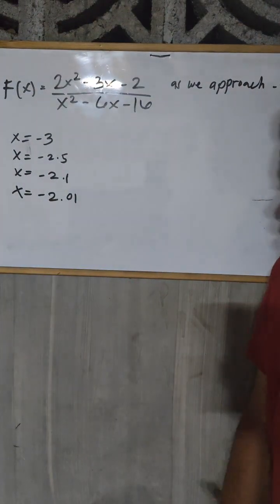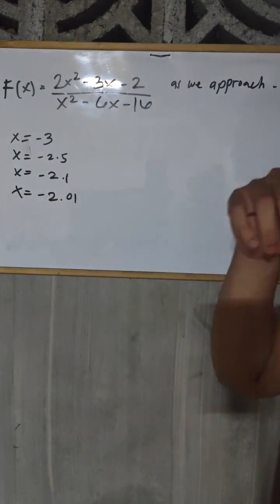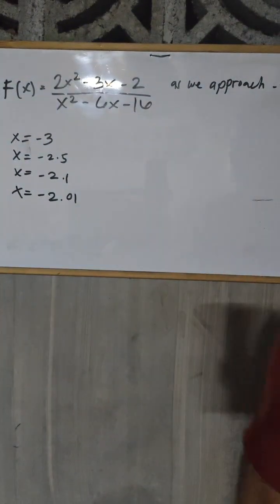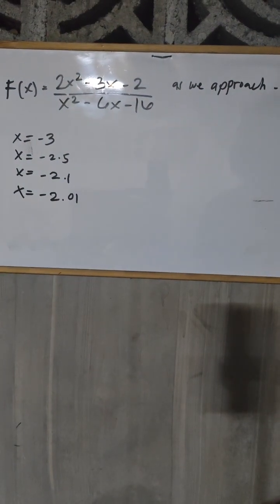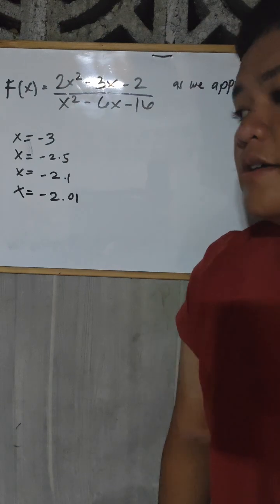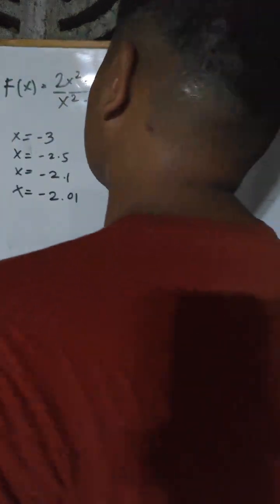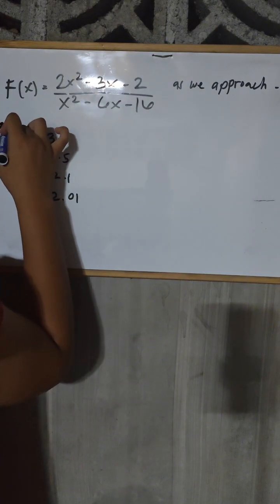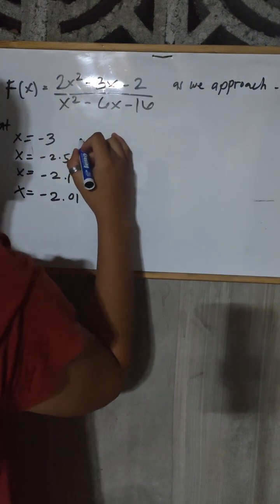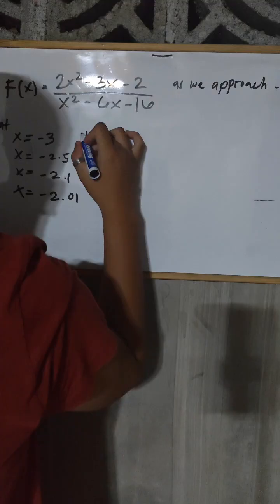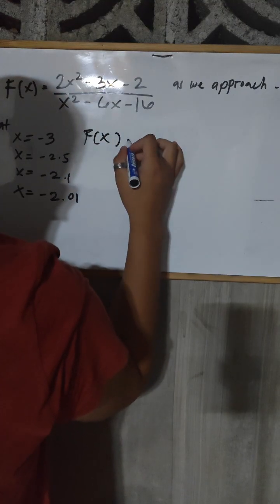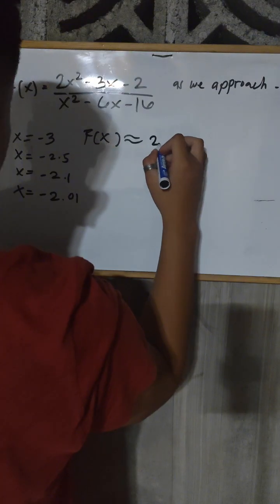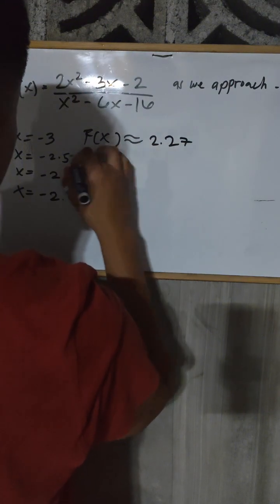Now, I'm gonna do some off-camera calculating because I'm gonna need a calculator for this, and I'll be back. So after doing some quick calculations, I got that at x equals negative 3, the function f is approximately 2.27.